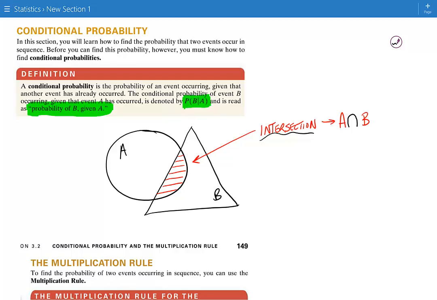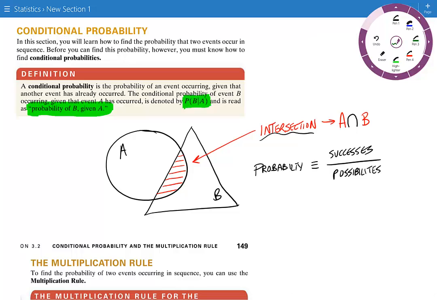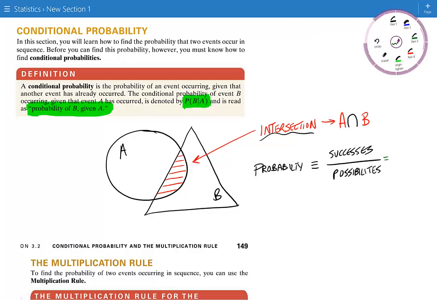Given that you've already read and you know that the probability of any event is defined to be successes over possibilities, and by possibilities we mean successes plus failures, we could call it successes over successes plus failures, just as shorthand.